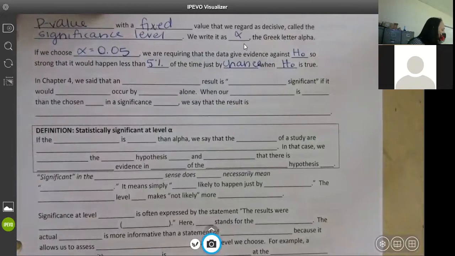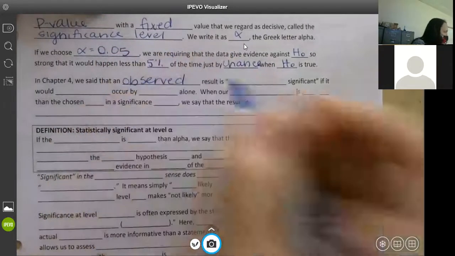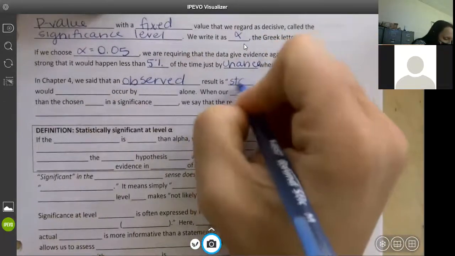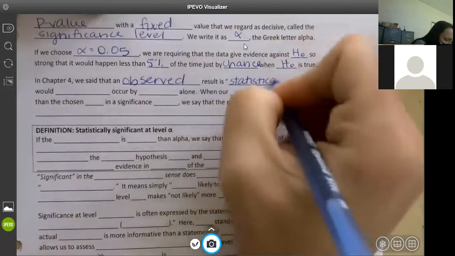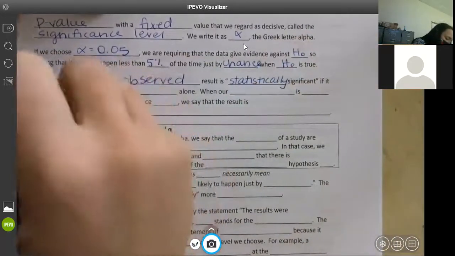So in chapter 4, we said that an observed result is statistically significant if it would rarely occur by chance alone.